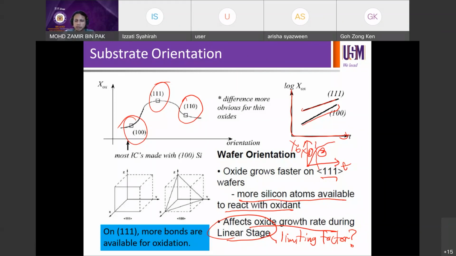And in the second stage, the reaction is limited by, what limits it in the second stage? In the parabolic stage, what is the limiting factor? Okay, oxidant transport, right?